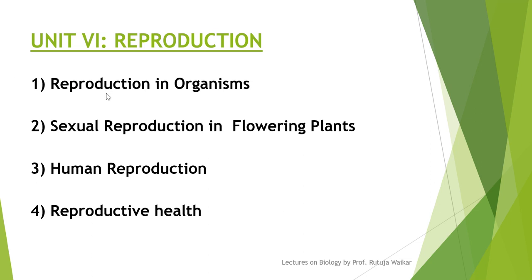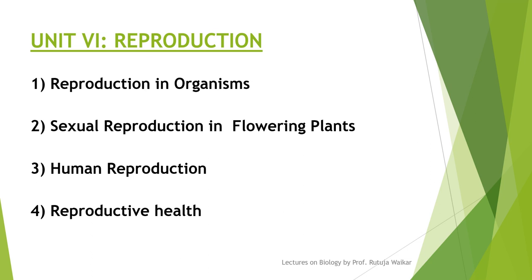Then vegetative propagation, which means reproduction carried out by an asexual method, and propagation is another word for reproduction. Then fragmentation, which is also a type of reproduction. In short, in Reproduction in Organisms we will study asexual reproduction in detail only.